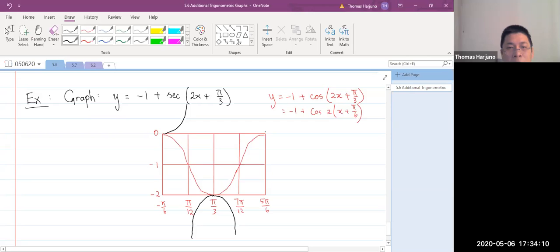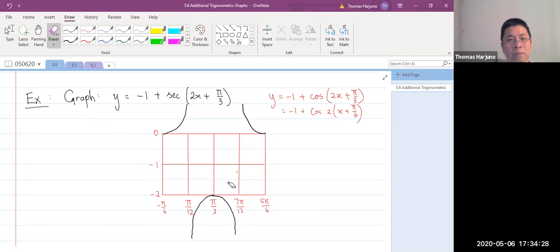So the graph of secant looks like this, the black one. You graph the cosine first, and then the secant follows the pattern that I showed you earlier.